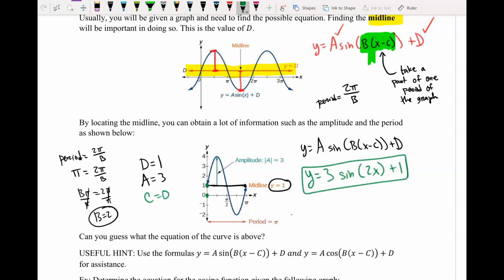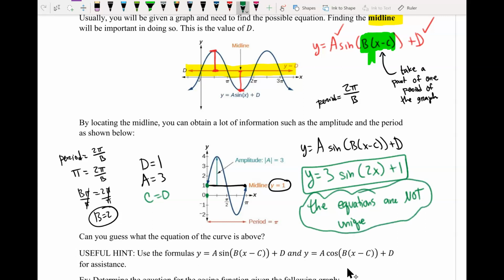Okay? Now, one of the things to remember is that the graphs are not unique. Or I'm sorry, the equations are not unique. And what that means is that someone can figure out this equation, but someone else can use a cosine curve, for example, and still yield the same equation.